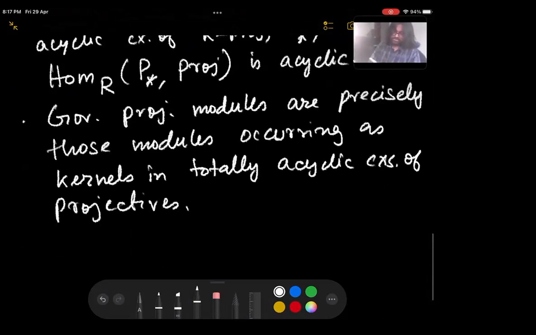So of course, I'm talking about R projectives for some fixed ring R. So when I'm talking about Gorenstein projective modules, I mean R Gorenstein projective modules or Gorenstein projective R modules, let's say.